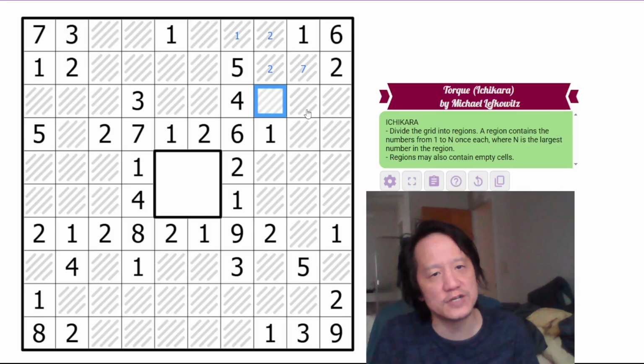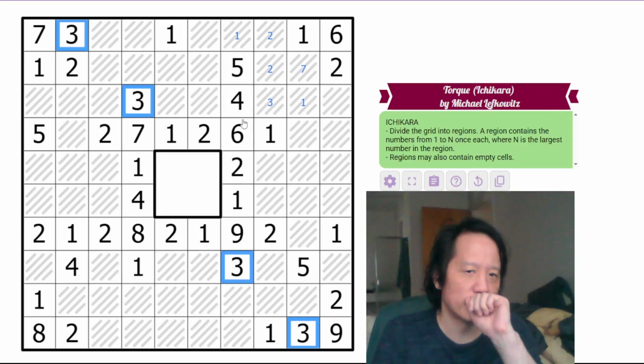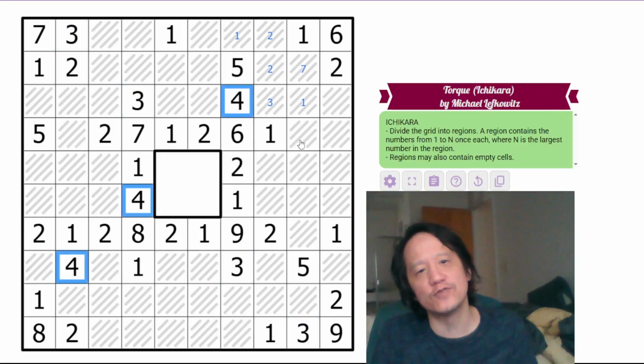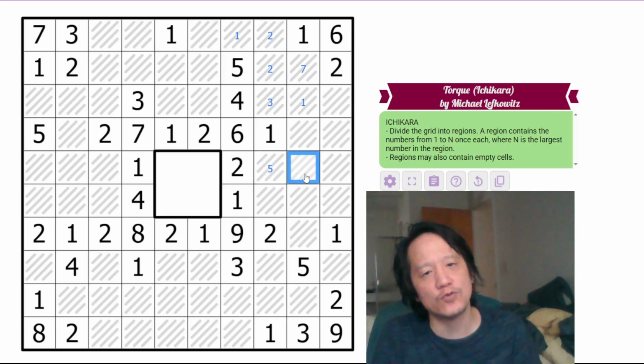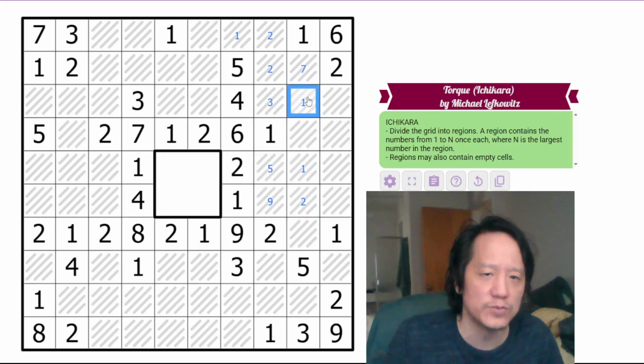For regions of size 3, we have 1. Actually, no. Yeah, we have 4 3s. We have 3 4s, right? So for 3, we have 1 region of size 3. We have 1 region of size 5. And we have 2 regions of size 9. And those are the regions we have.